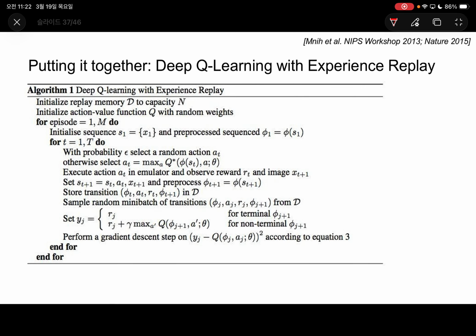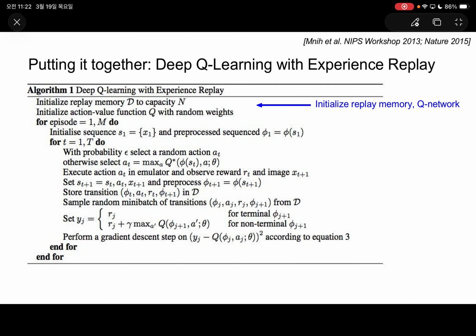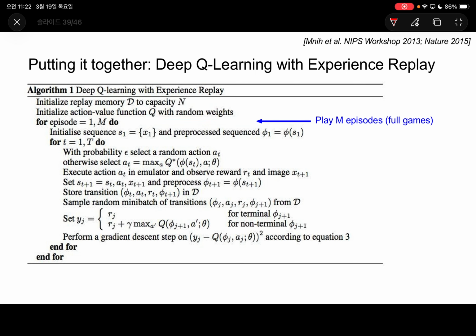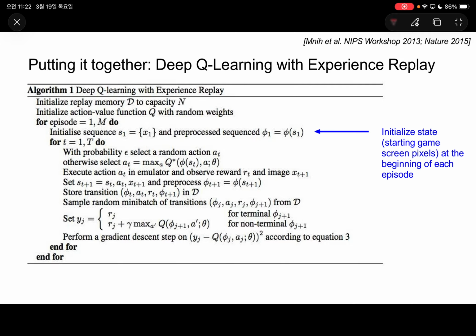Let's see the algorithm description. We initialize the replay memory and the Q network. Here we initialize replay memory D with capacity N, and initialize Q with random weights. It's just initialization. Then we play M episodes, full games.